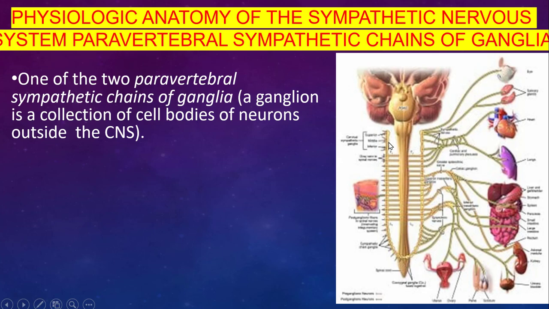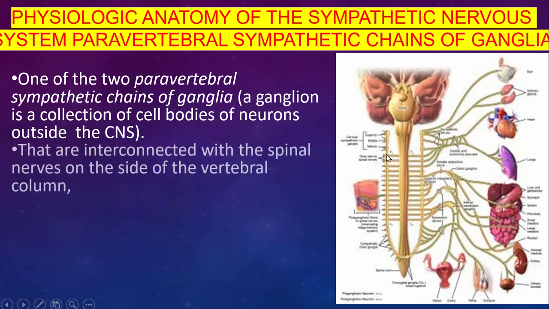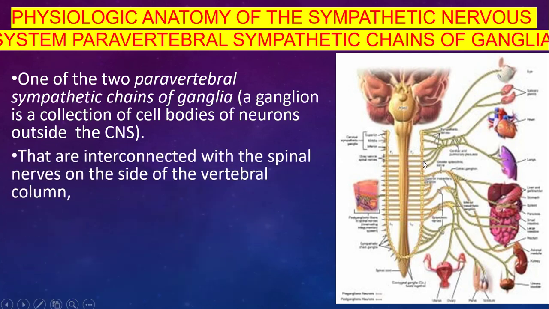This chain contains the cell bodies of the neurons that are interconnected with the spinal nerves on the side of the vertebral column. But remember, this chain is paravertebral and outside of the vertebral column.